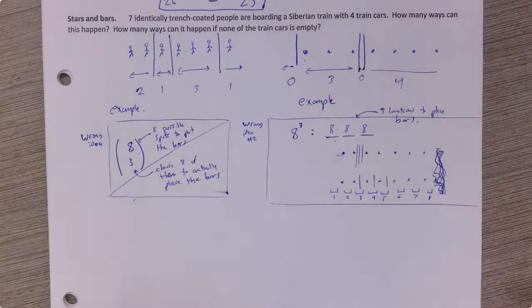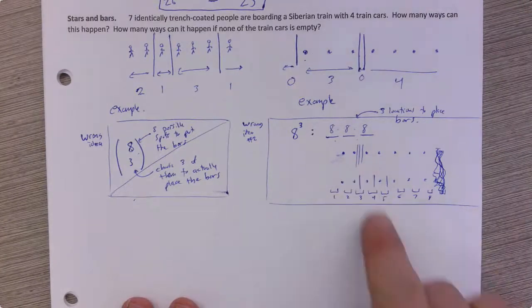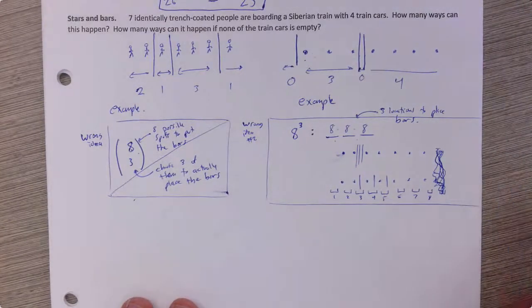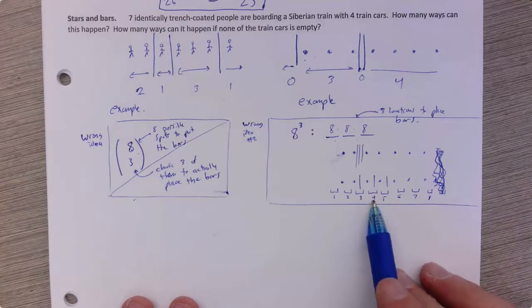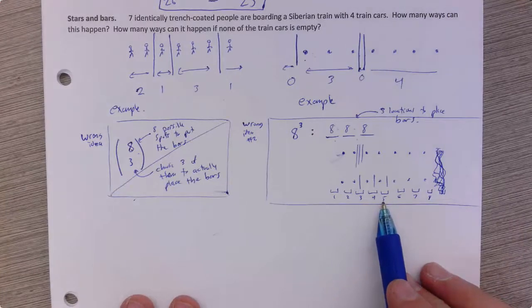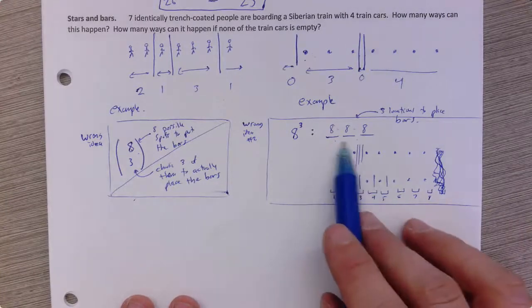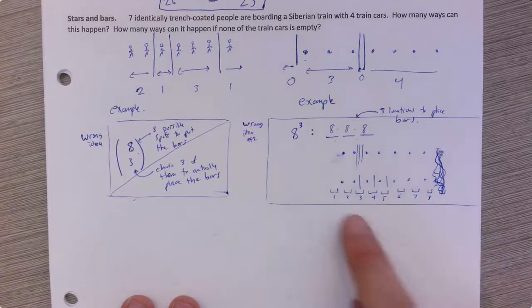Here's the problem with this. I've drawn out 2 possible ways of partitioning the 8 objects. In this version, I've put a bar in location 3, a bar in location 4, and a bar in location 5. The problem is our approach to counting up here counts this possibility in lots of different ways.